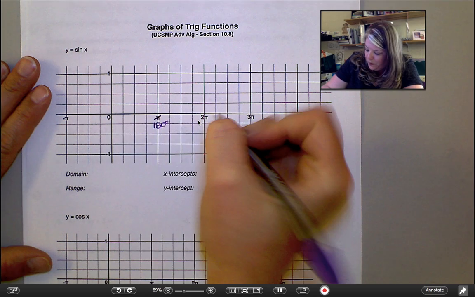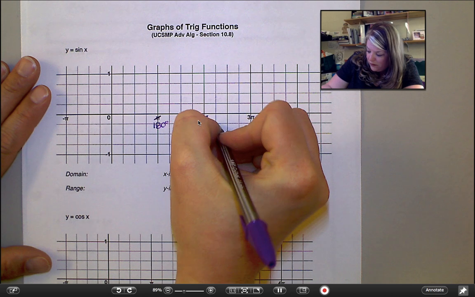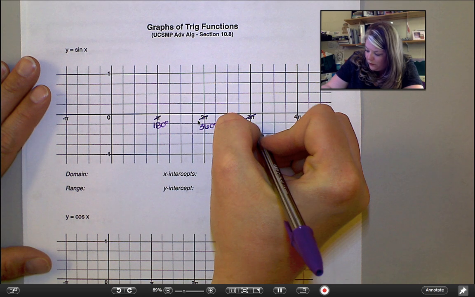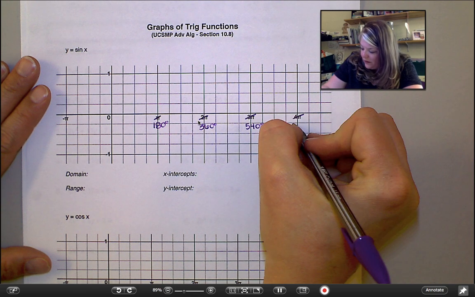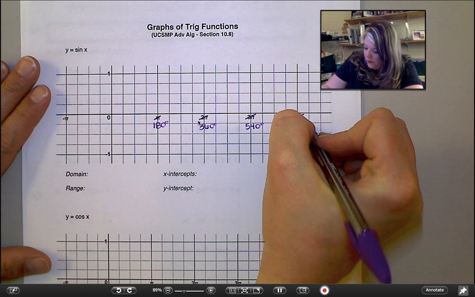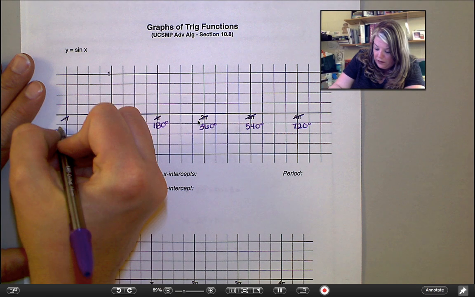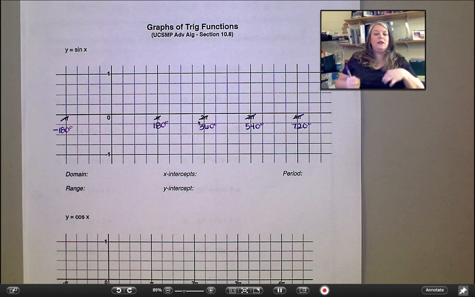Okay. 2 pi is 360 degrees. Let's see, 3 pi is 540. I don't know if we need to go much further beyond that. 4 pi would be 720. Okay, and then like negative pi would be negative 180. So same thing, just numbering in degrees instead of radians.